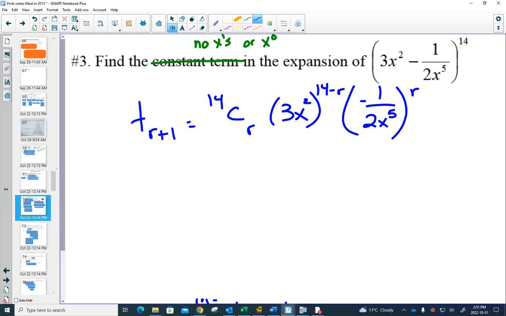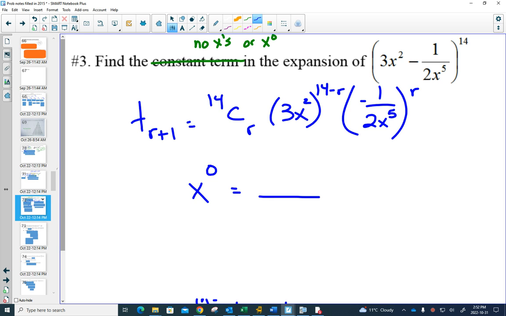In fact, if you like to do things algebraically, we can solve this one algebraically. And what we do is we say, I know that I need an x to the 0. And I ignore the numbers in front, because they really don't matter right now. And on this side, I'm going to have some x's that are in my numerator and some x's that are in my denominator.